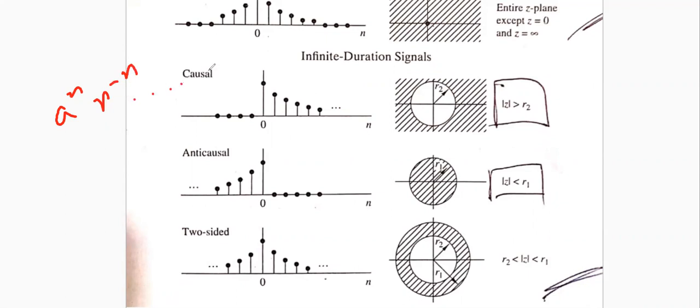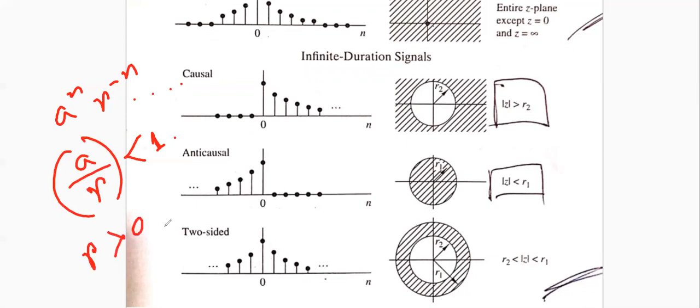For an infinite positive series, definitely that is a divided by r, and this portion should be less than 1. So from there we can put r greater than a. Whether this is positive or negative, it doesn't matter.